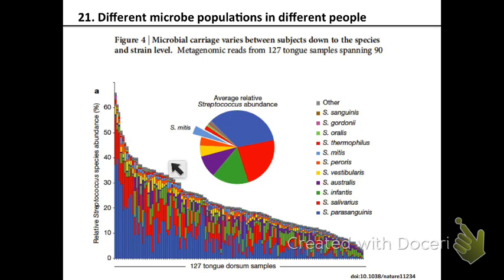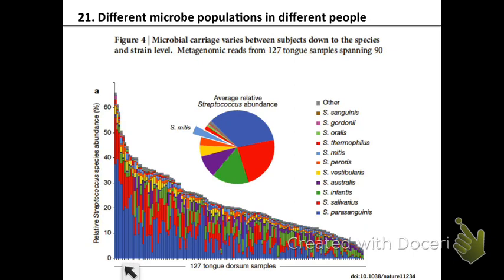The different species of strep are color-coded here, so that, for example, this species of strep is this light blue right here, right? So you know that this species of strep, which is this one, is very abundant in this sample. And the red Thermophilus strain is a little less abundant, etc. So you're looking at the relative abundance of each strep species in the sample, right?